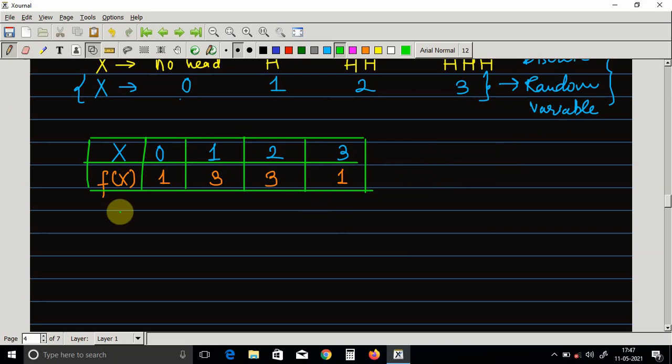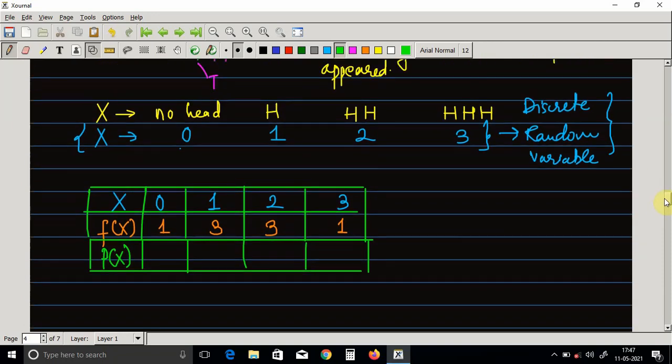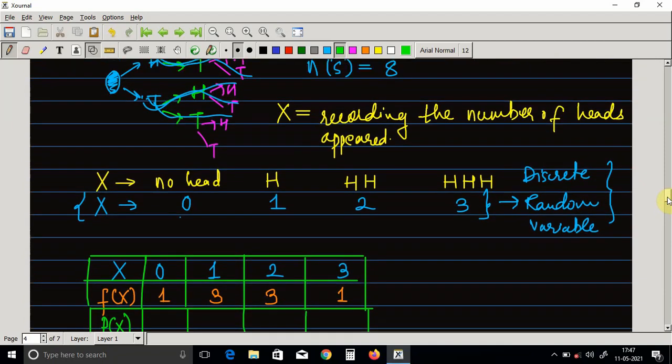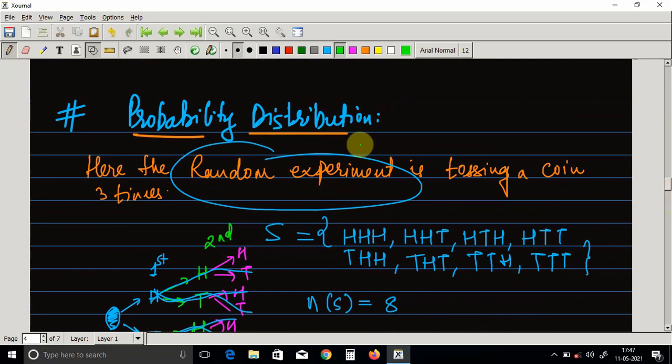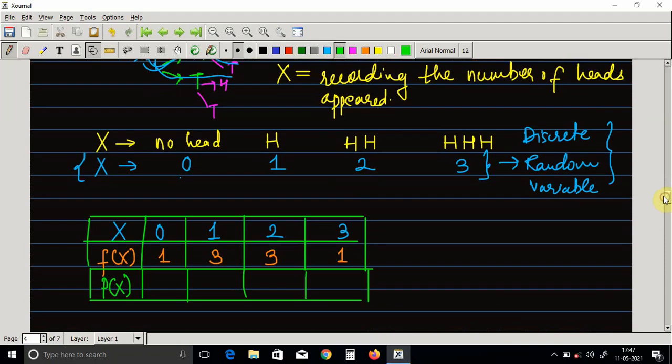So to define probability distribution, I must attach one more row to this table, and that row will be named probability of X. I have attached one more row called the probability of that random variable, and I am going to call that distribution a probability distribution. Now this has become a probability distribution.